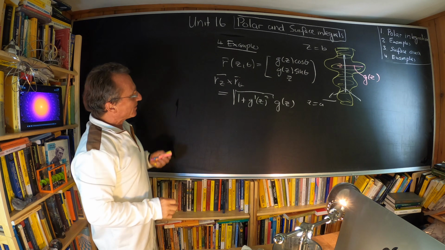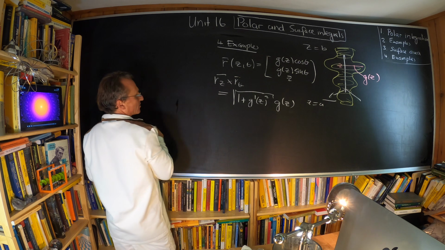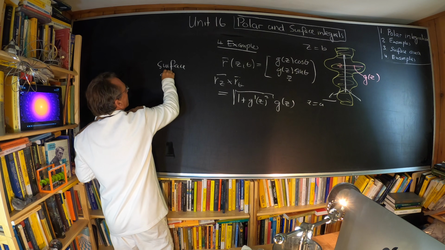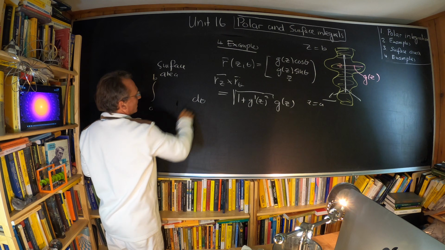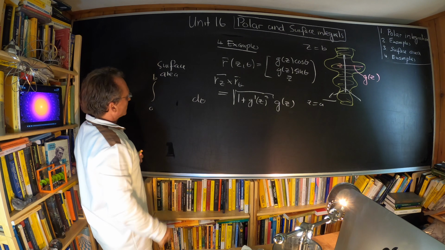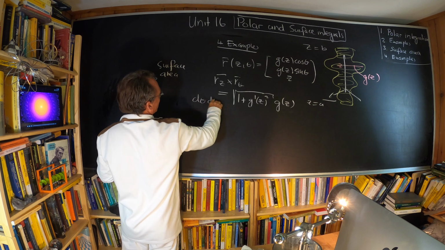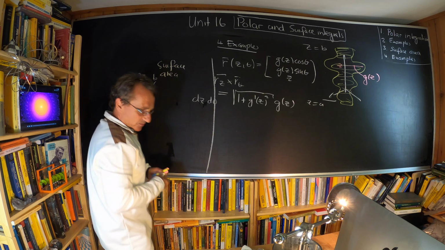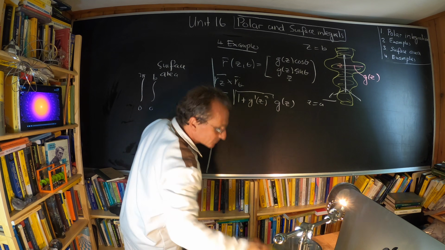So the surface area in general is then we integrate from a to b dz, and theta goes from 0 to 2 pi d theta.